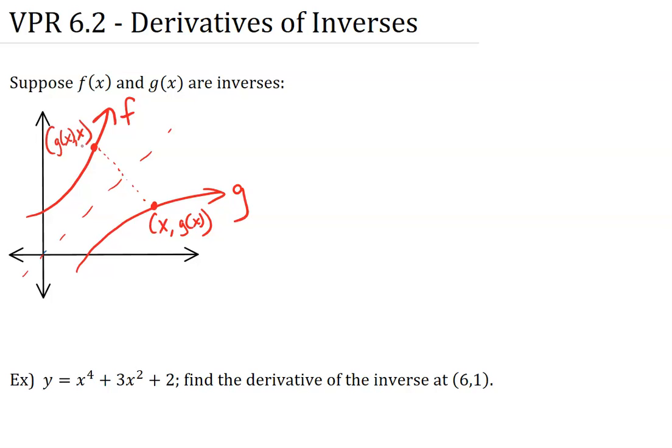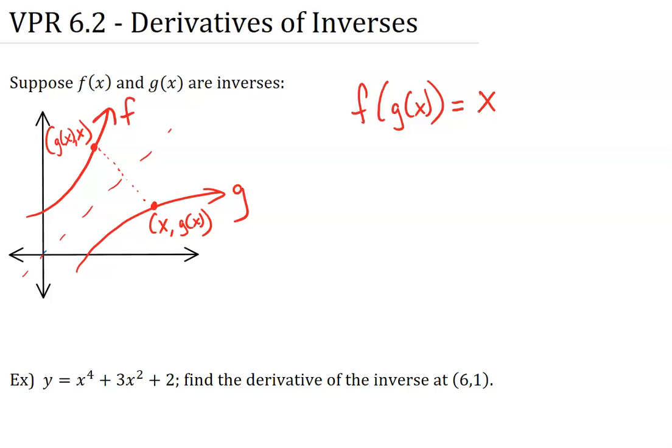Okay, because these are inverses, we know from algebra that f of g of x, a composition of the two functions in either order, but I'm going to write it in this order, is going to be equal to x. A composition of inverse functions is always going to give us an output of just plain old x.